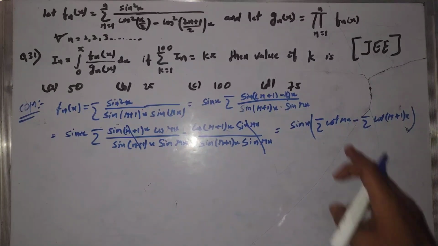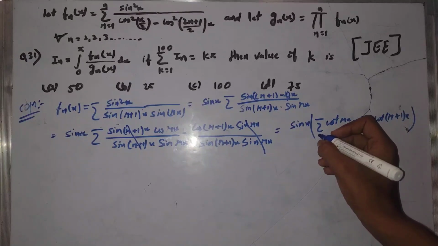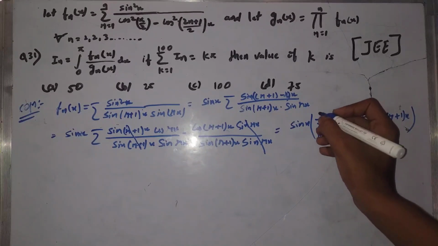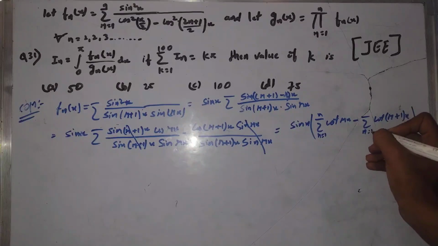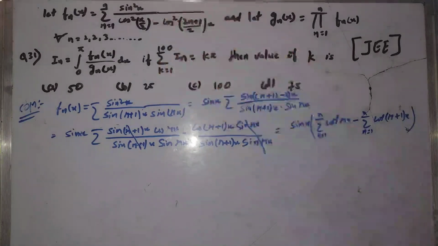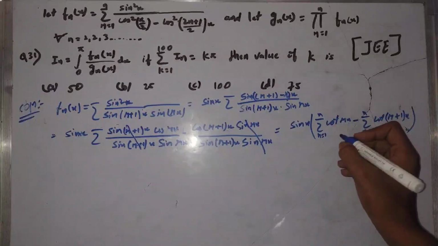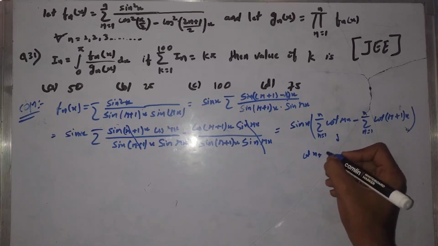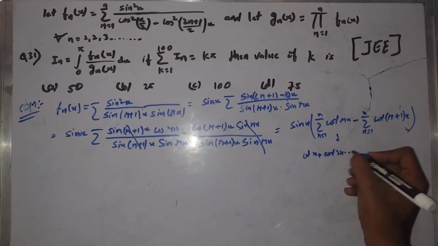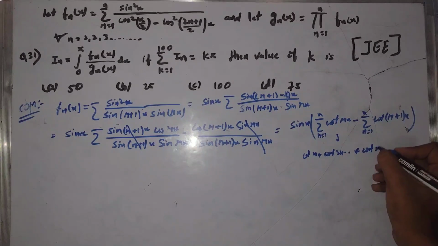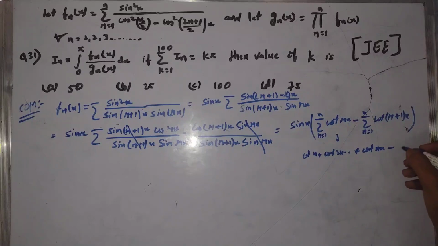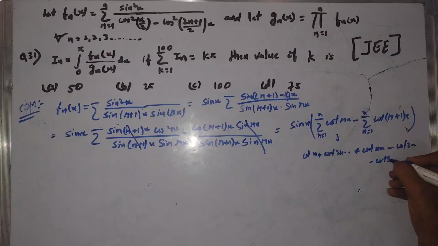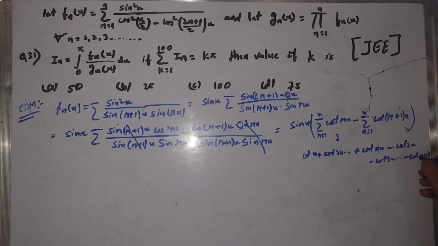So how can we do this? We'll just put in the values. This is from r equals 1 to n, and this is also from r equals 1 to n, as written in the problem. So this becomes cot x plus cot 2x all the way up to plus cot nx, minus cot 2x minus cot 3x all the way up to minus cot (n plus 1) into x.